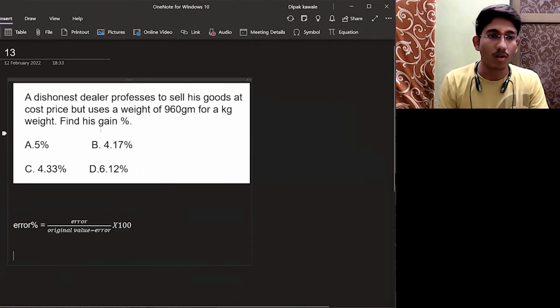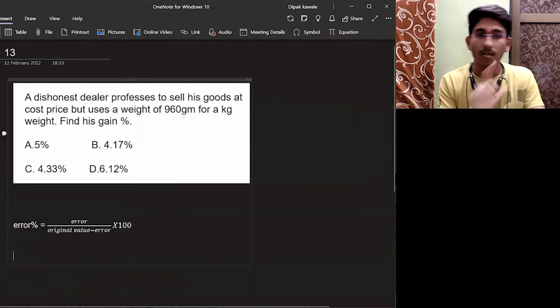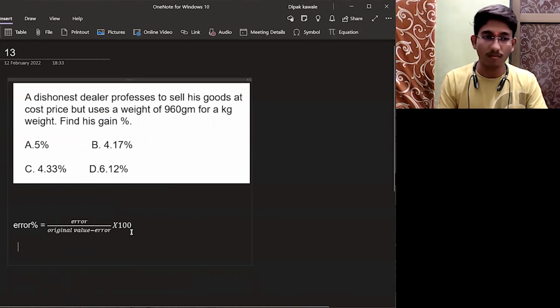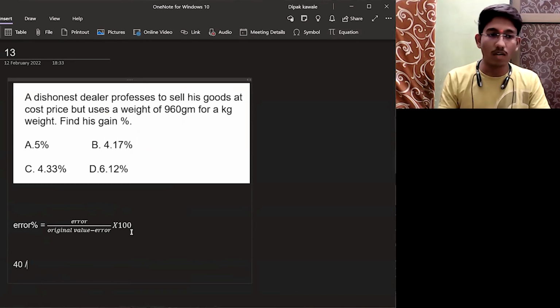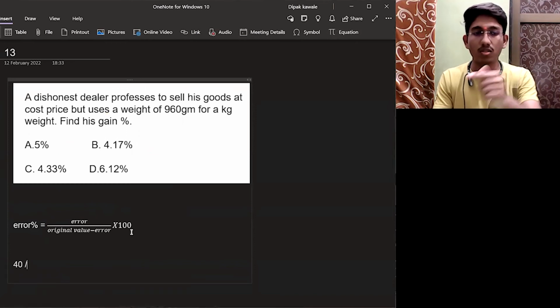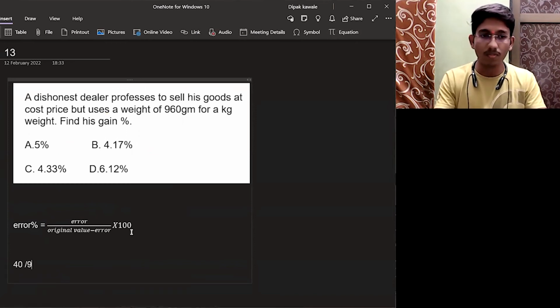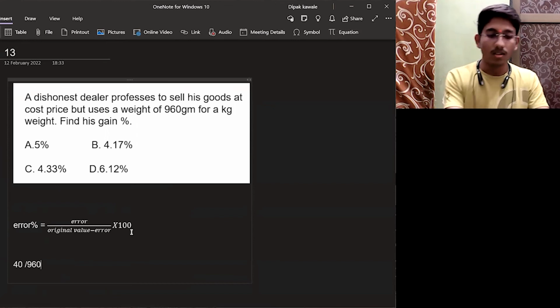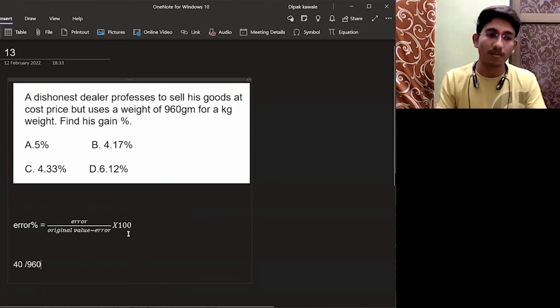Okay, students, tell me what is my error for 1000? It is 40, na? 1000 minus 960 is 40 grams. It is given kg, that means 1000 grams. Okay, so my error was 40. Original value is my 1000. 1000 minus 40 is nothing but my 960. So 40 by 960 is nothing but, 0 0 goes, it will become 4 by 96.